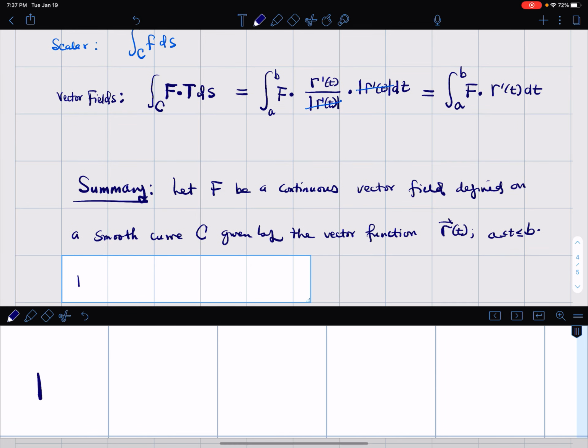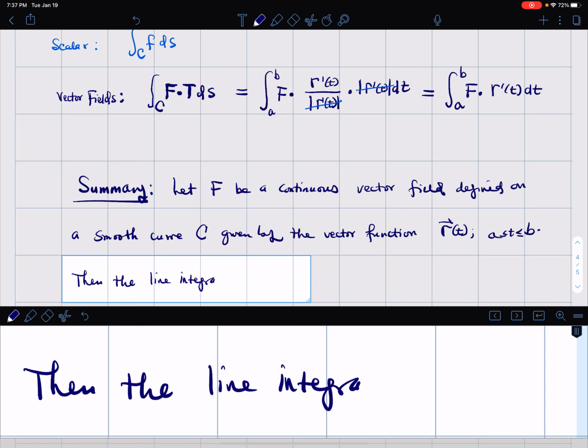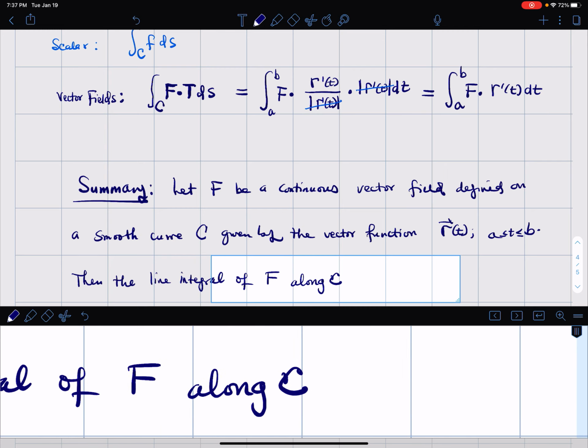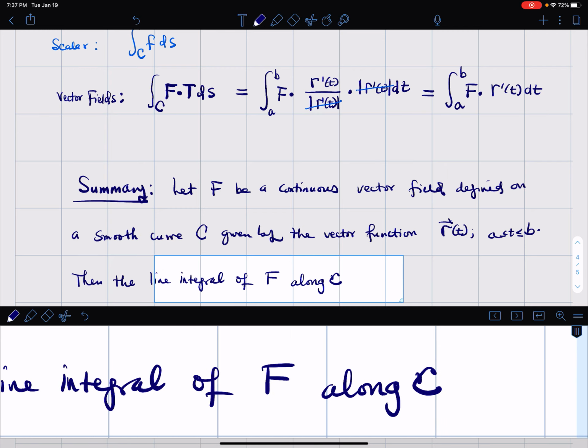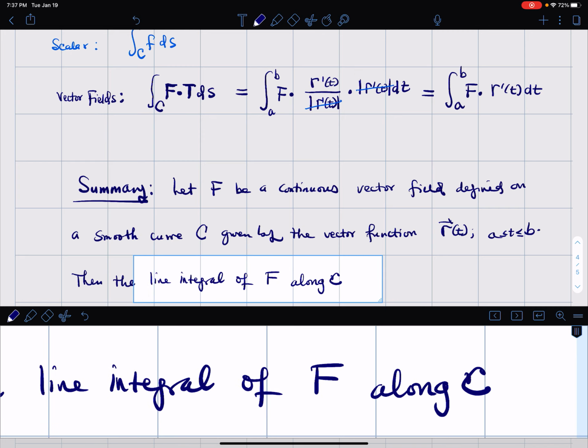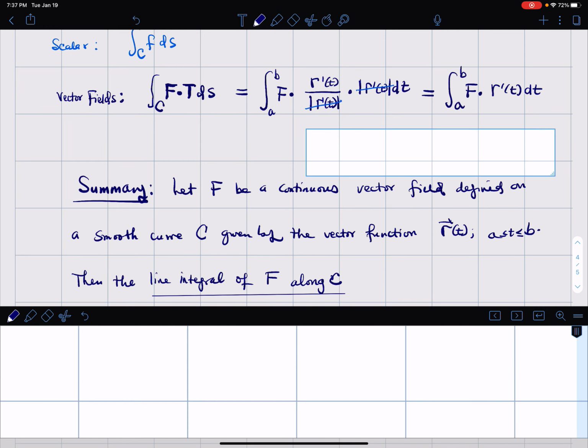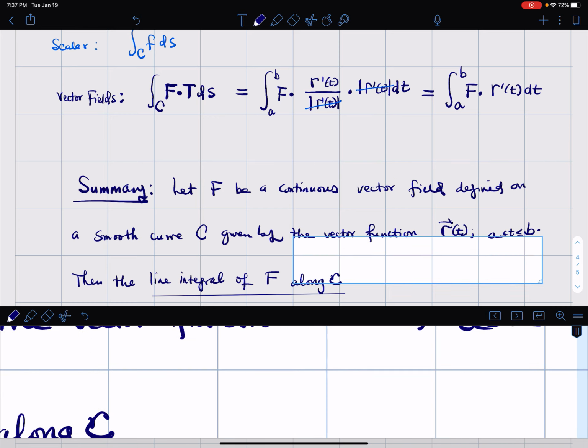Then the line integral of f along C. We want to compute the line integral of f along C. So far, what do we have?